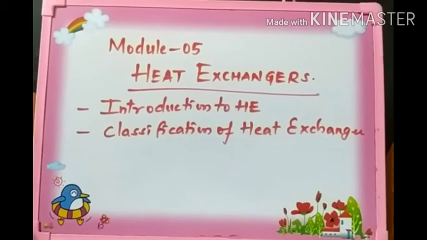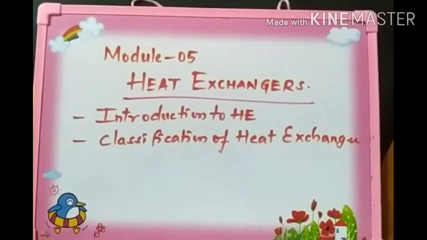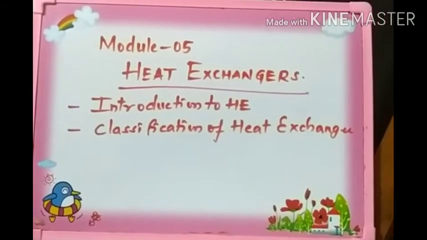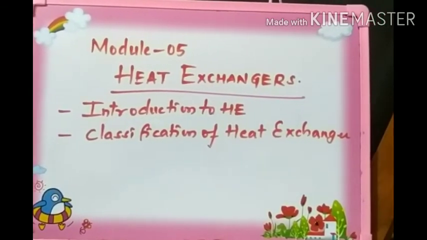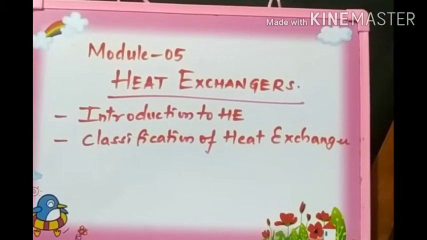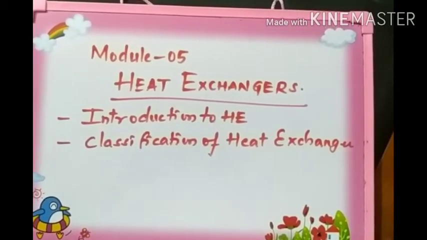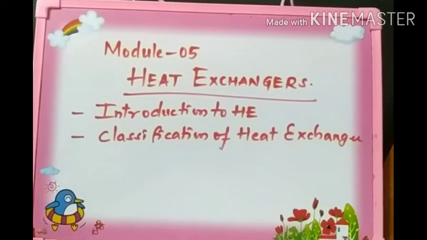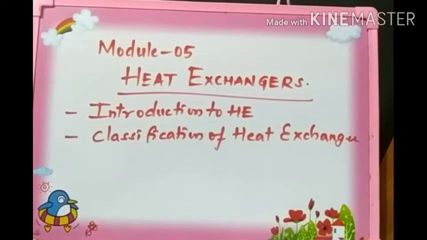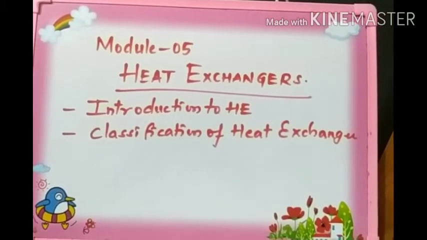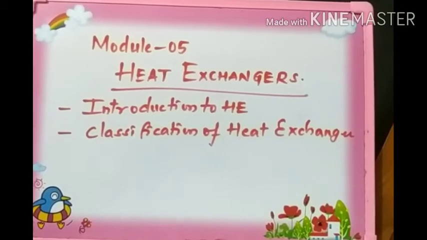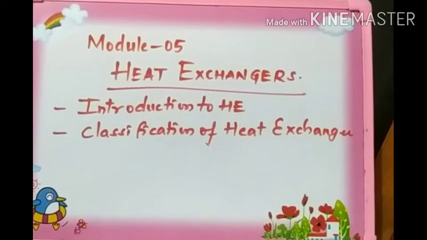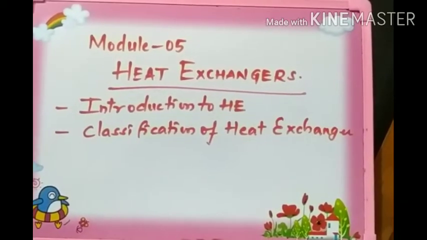Similarly, in a refrigerator or an air conditioner, we find two important components called the evaporator and the condenser. In the evaporator, the refrigerant flows into the evaporator coil, which is at a lower temperature, and the fluid which needs to be cooled flows around the tube, such that they exchange energy.